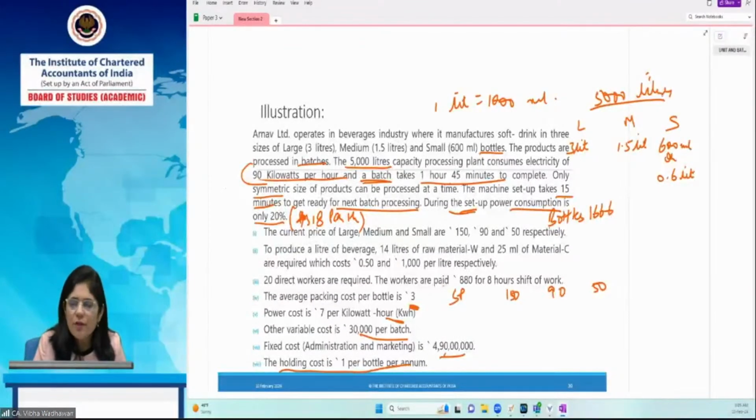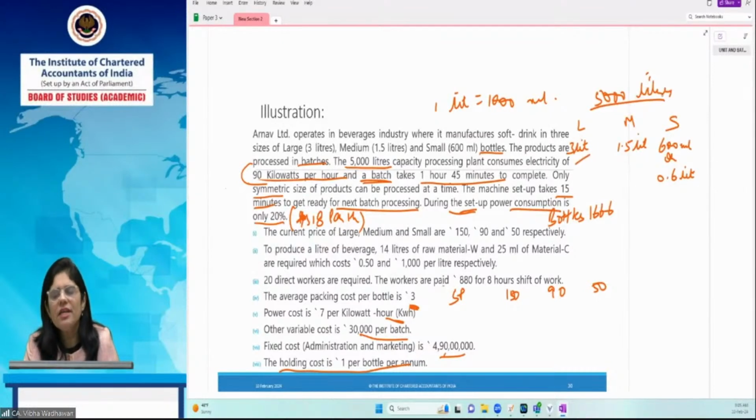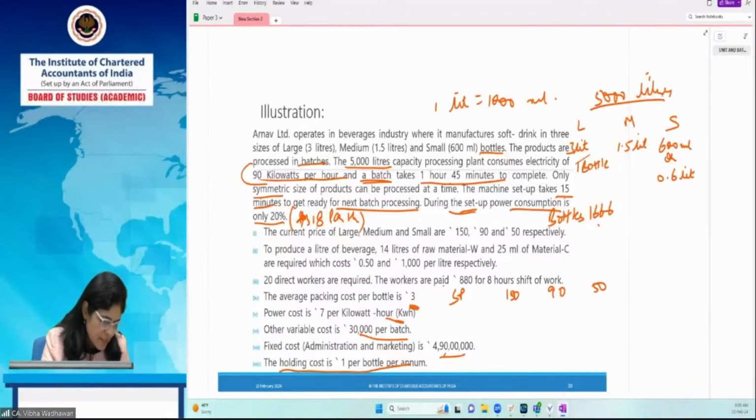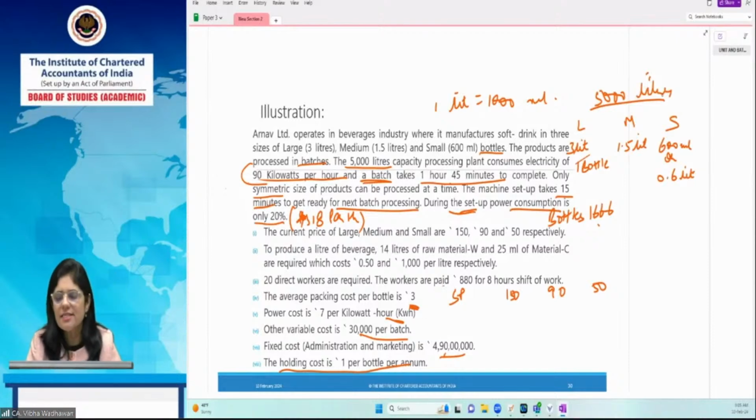So if we produce large size bottles in one go, we can produce 5,000 divided by 3 liters, that means 1666 bottles of large size.